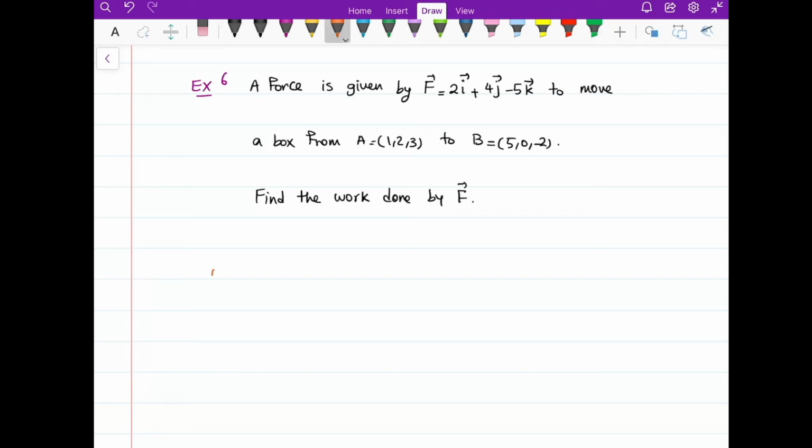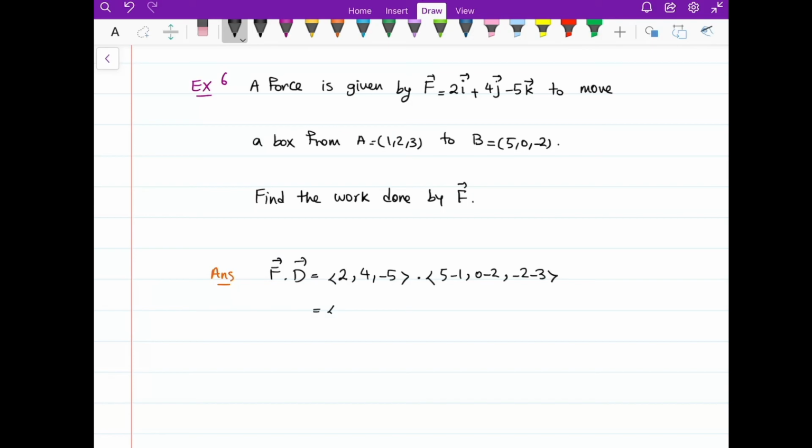Okay, all I need to do is to find the displacement and find the dot product of the force and displacement. So I need to find F dot D. F is 2, 4, -5, and then the displacement would be the components of B minus the components of A. So it would be 5 minus 1, 0 minus 2, and -2 minus 3.